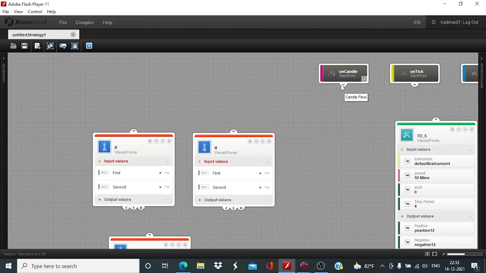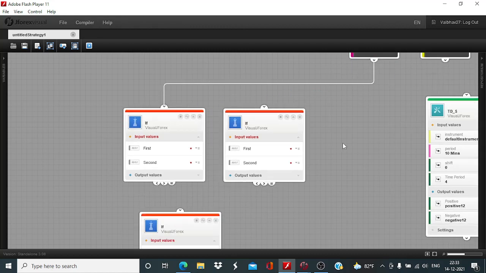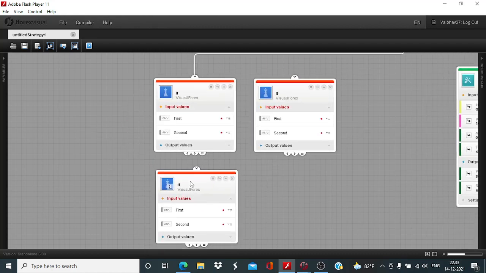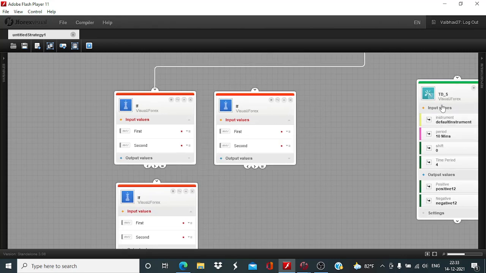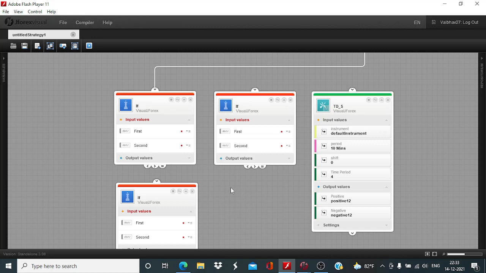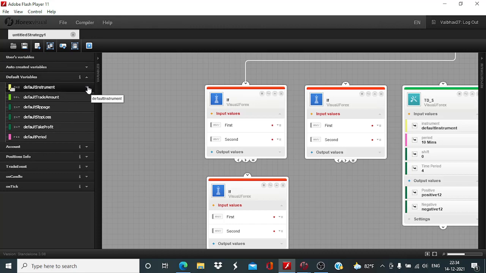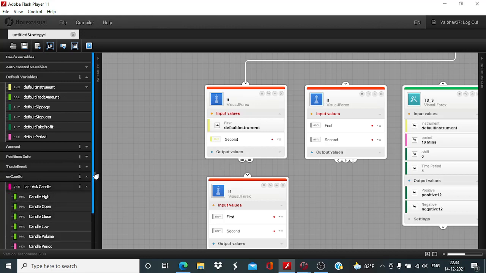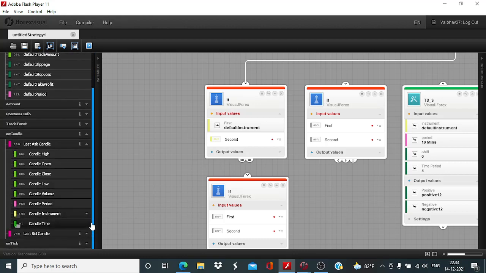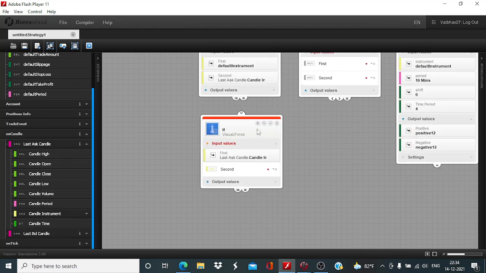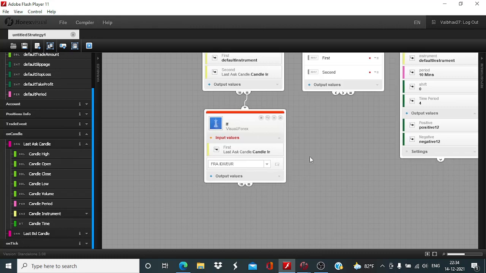We will use this on candle as our start point. Default instrument needs to be matched with the candle instrument, and this will then in turn need to be matched with the instrument of choice.